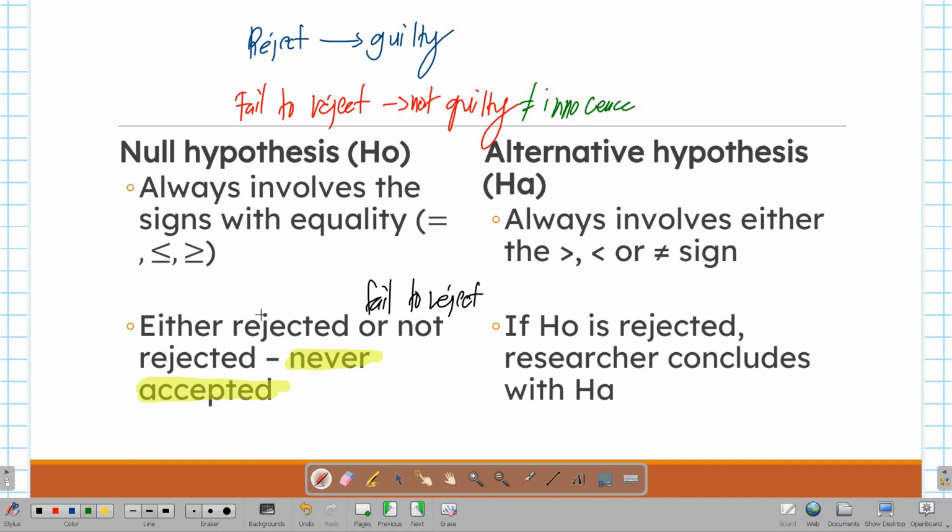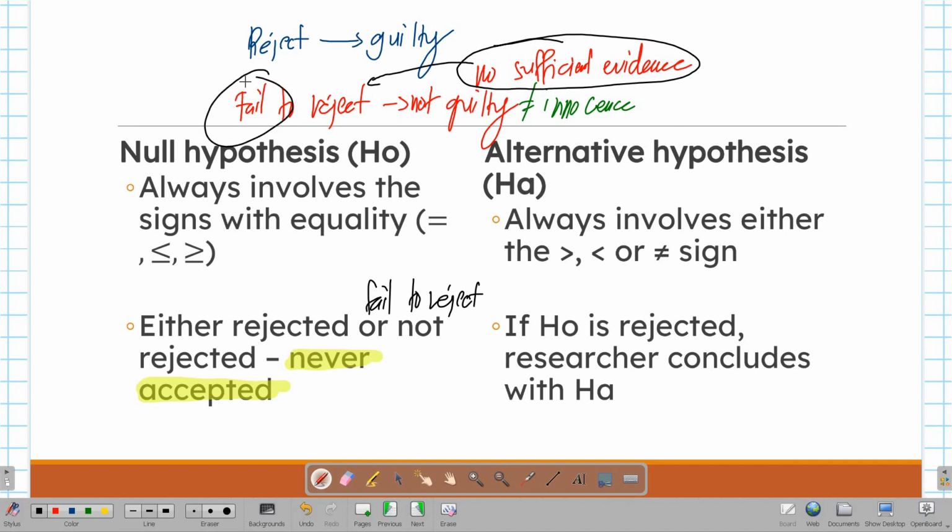It's just that there is no sufficient evidence for us to say that the crime has been done. Similarly, there might be no sufficient evidence for us to reject. That's why the term is we have failed to reject, because we don't have sufficient evidence to reject HO.